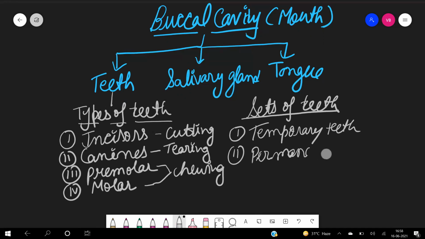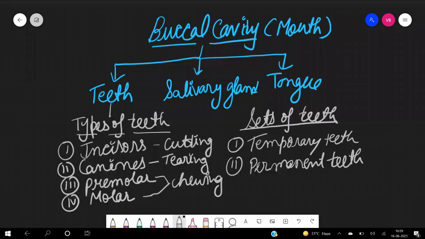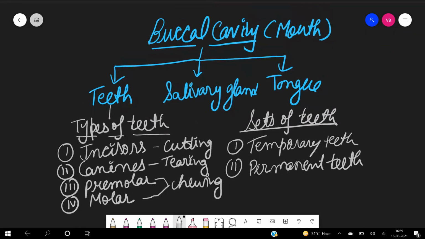So these 2 types of teeth arise in the human being. Temporary teeth remain in the mouth up to 8 to 10 years, and after that, whatever teeth come in the mouth are known as permanent teeth.